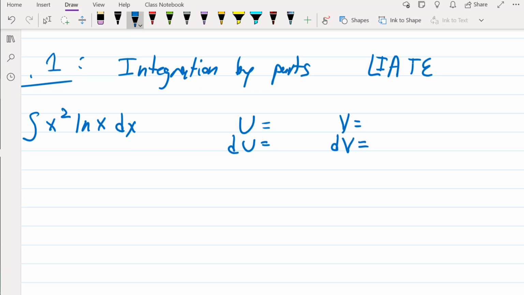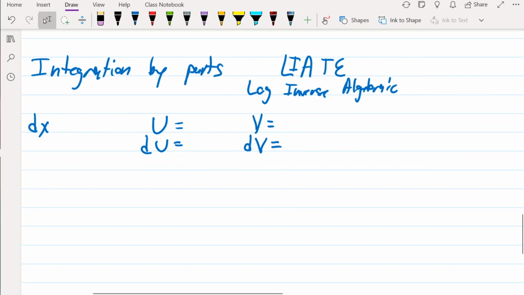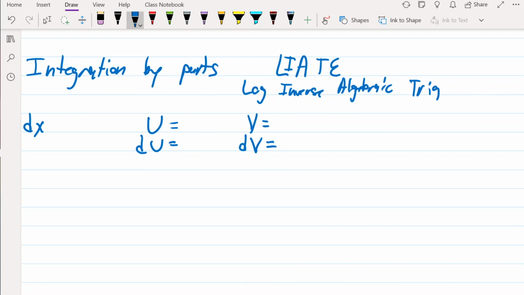So it's going to be logarithms, the inverse trigonometric, the algebraic, trigonometric, and exponential.